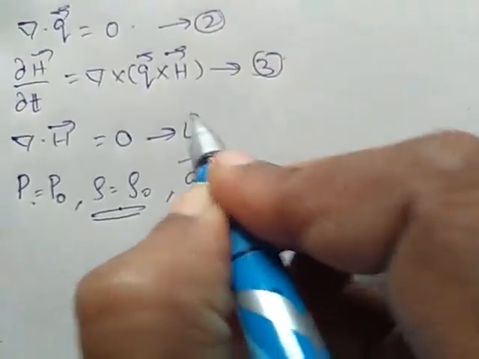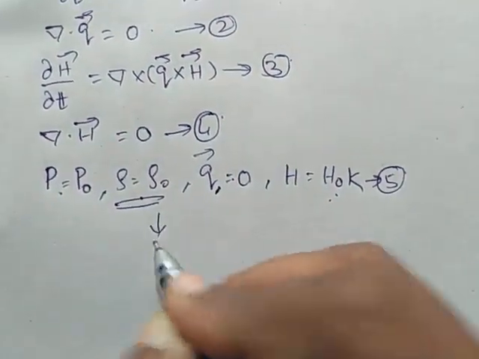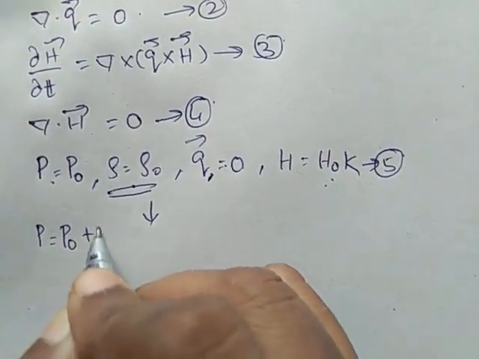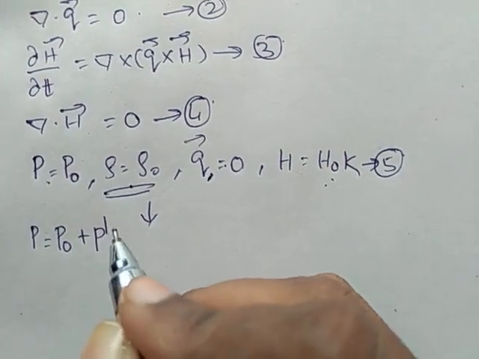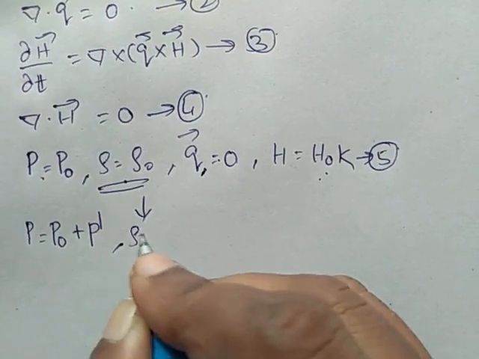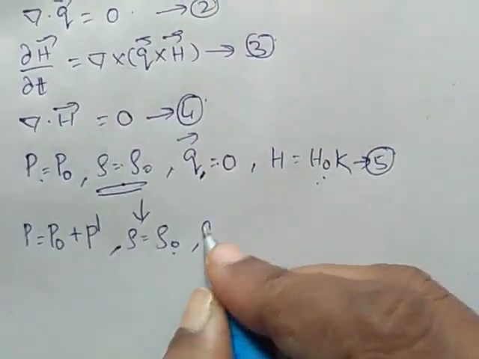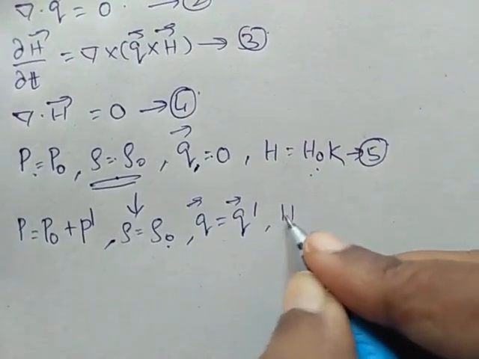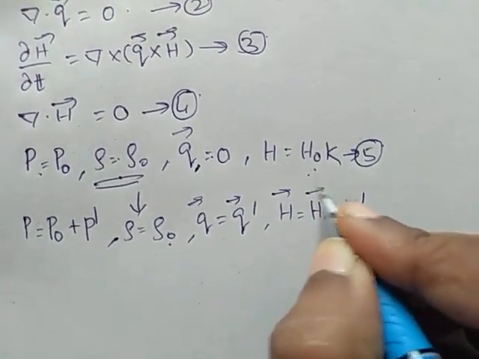This is our equation 4. So equation 5 becomes P is equal to P naught plus P dash, where P dash is the perturbation pressure. Density will not change, so rho is equal to rho naught. Q becomes Q dash and H becomes H naught plus the perturbed magnetic field H dash.